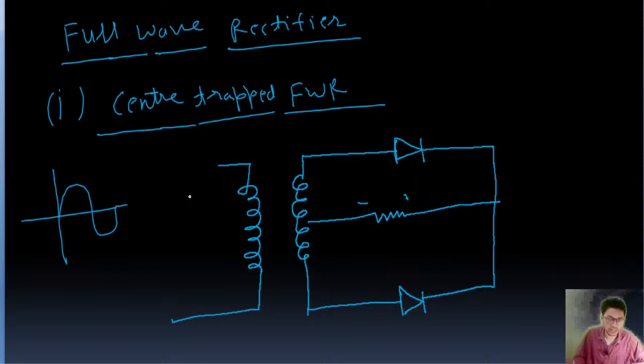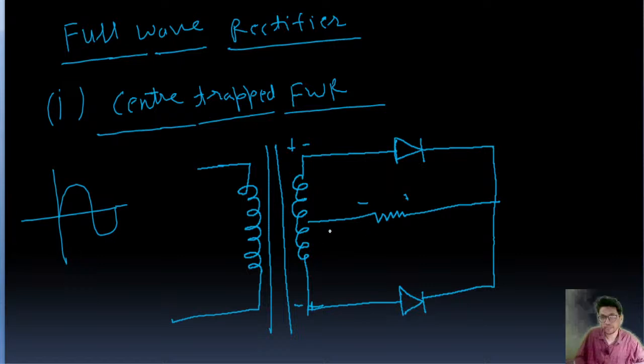These are diodes, and then plus minus and minus plus, which we can take for the first cycle and second cycle. These are the transformer. So this is the full wave rectifier diagram: these are two diodes, and this is the load resistance. This is the alternating current, and then this current is going to be converted into direct current. And the output diagram for this voltage is going to be like this.